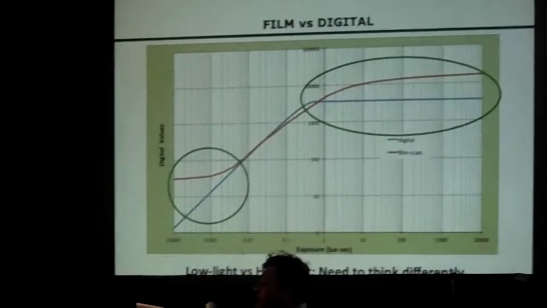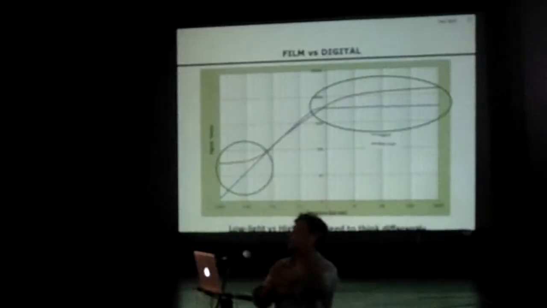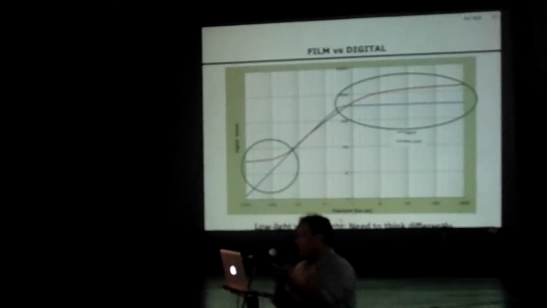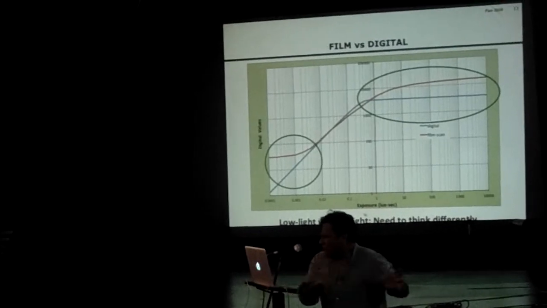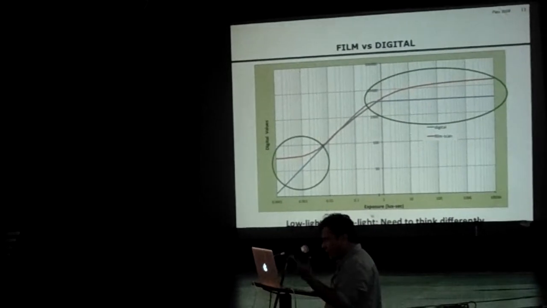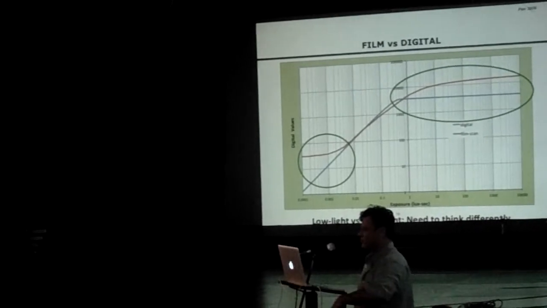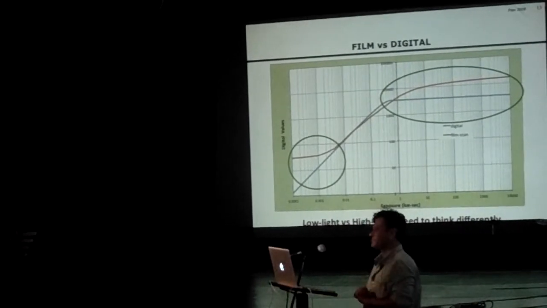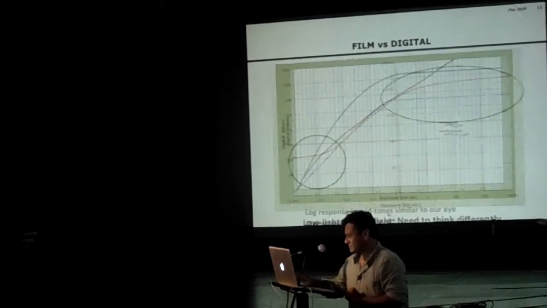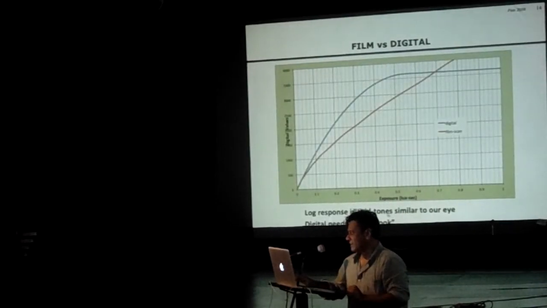That's what Red did: he brought in a practical replacement for film with the same kind of look, with certain limitations which are being overcome as we speak. He brought the film look to digital.